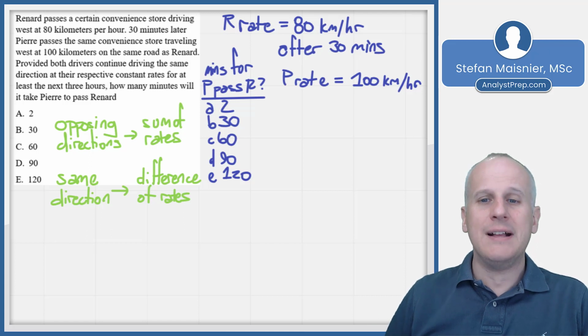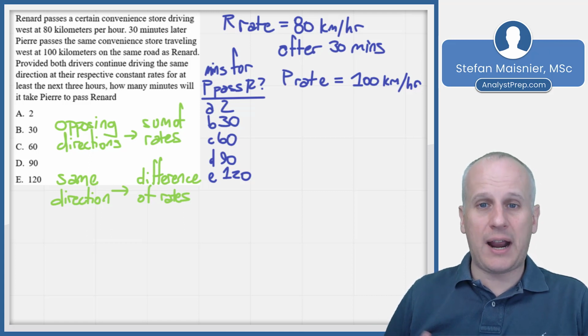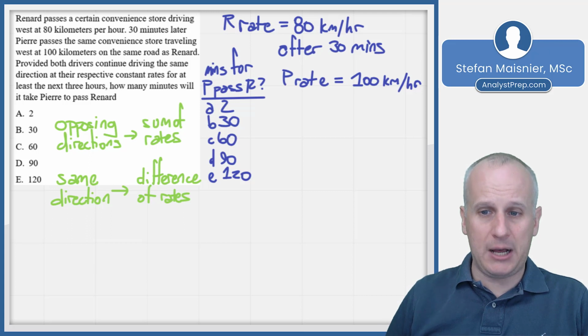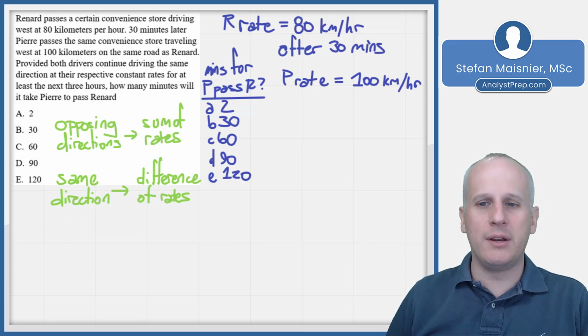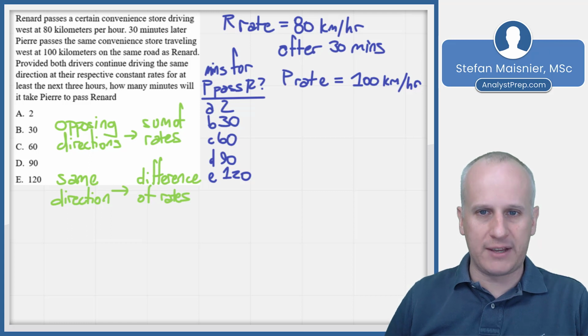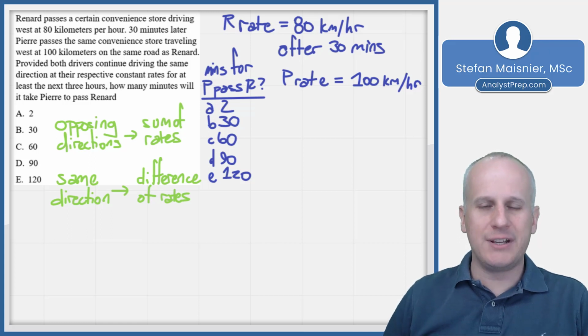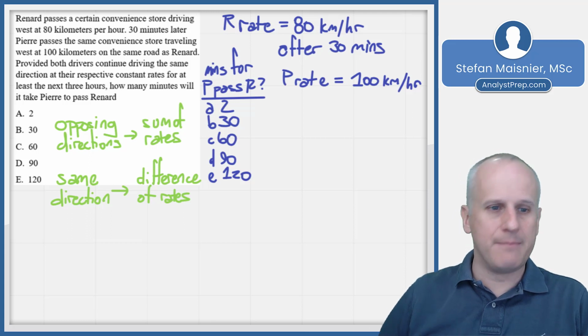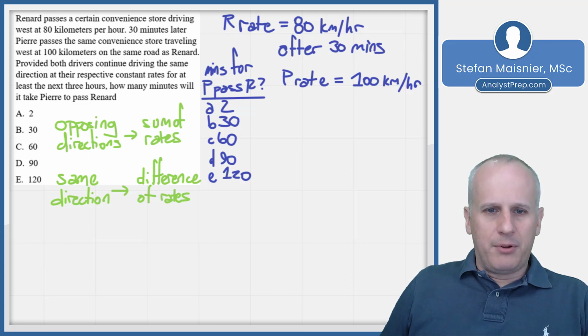So we know that we've got to consider how much distance has to be made up by Pierre, and we know that Pierre is ultimately going to be gaining 20 kilometers per hour on Renard as long as they keep driving at those same rates, because 100 is 20 kilometers greater per hour than 80. So let's just set up a couple of rate circles.